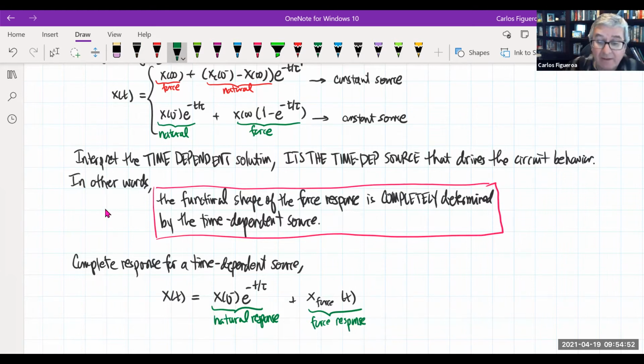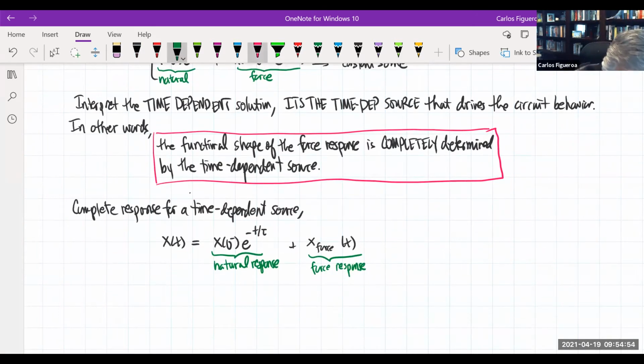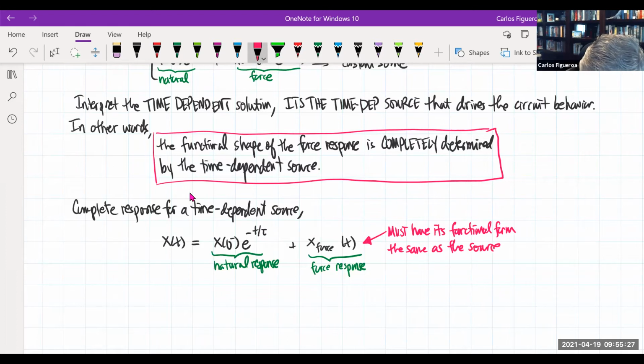And what I'm saying here is that this guy right here must have its functional form the same as the source. It must have exactly the same time dependence as the source.